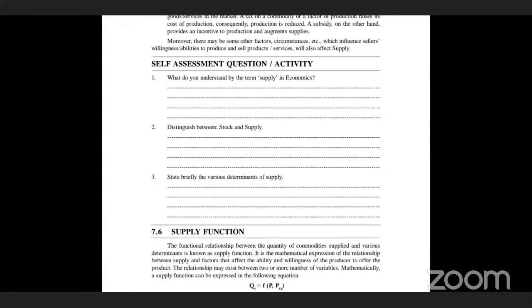Then we have government policies and regulation. Yes, the government also helps in various ways the companies and the firms in order to make the supplies available in the market.